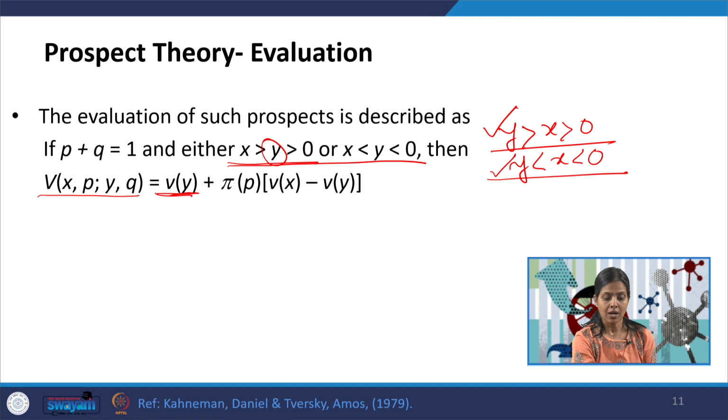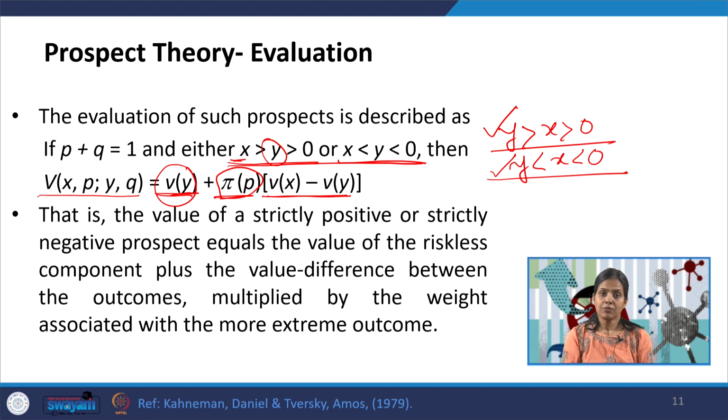And then we have V(x) minus V(y), that is, the difference between x and y, multiplied by the probability associated with x. In a similar fashion, when we consider x less than y less than 0, which means y is the smaller loss, again we separate V(y), the smaller loss which is for sure there, and then multiply the difference between the larger loss and the smaller loss by the weighting or decision function associated with x.